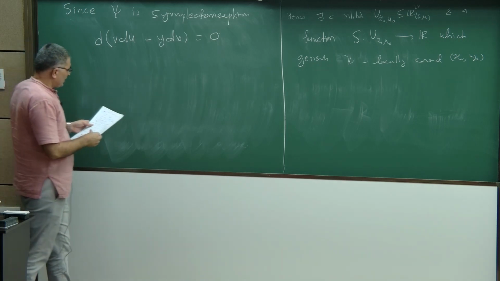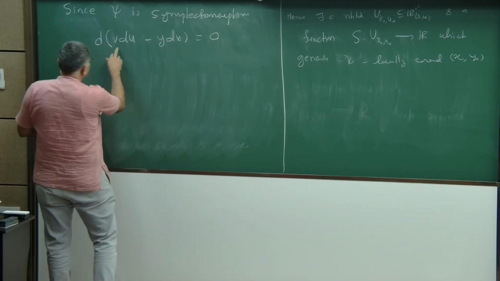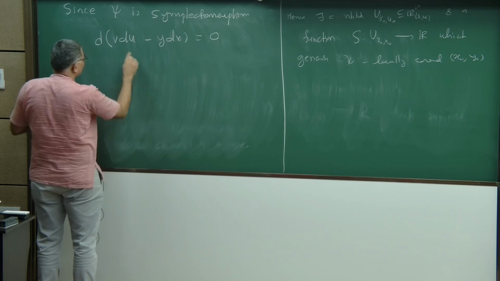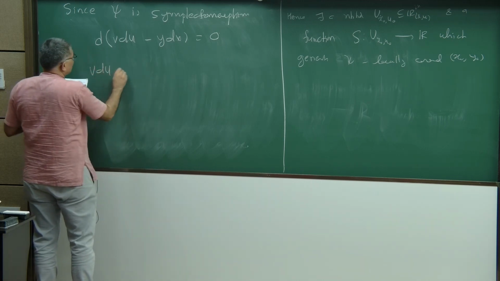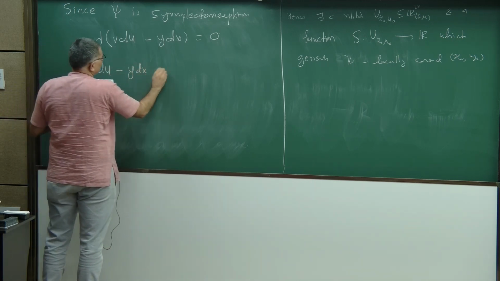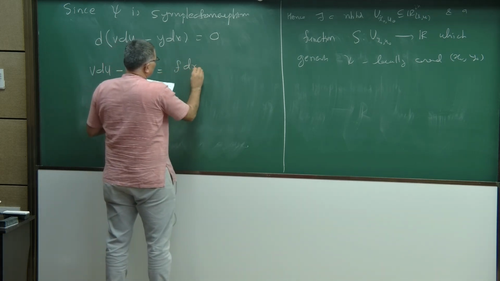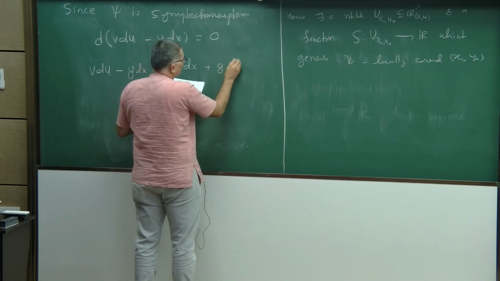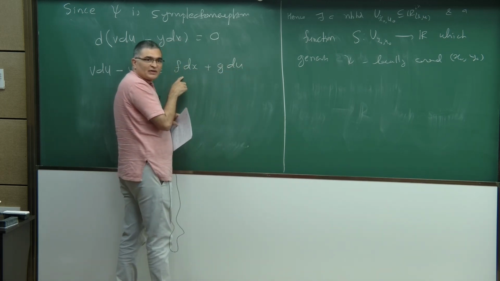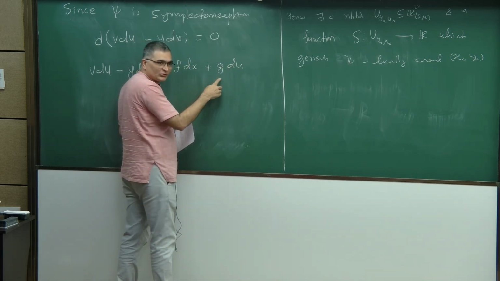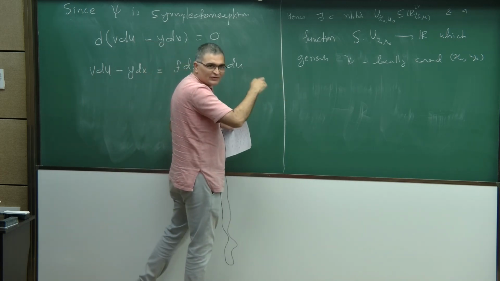Okay. And we know what this is: v du minus y dx is nothing but, the way in which I have constructed it, f dx plus g du, where I am taking f in the variable x comma u, g in the variable x comma u, okay, because this is how I am transferring everything in change of coordinates.